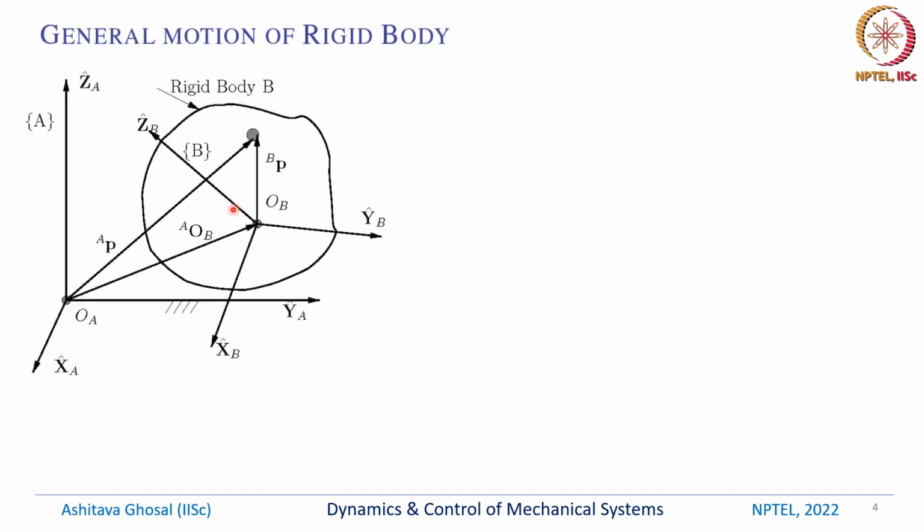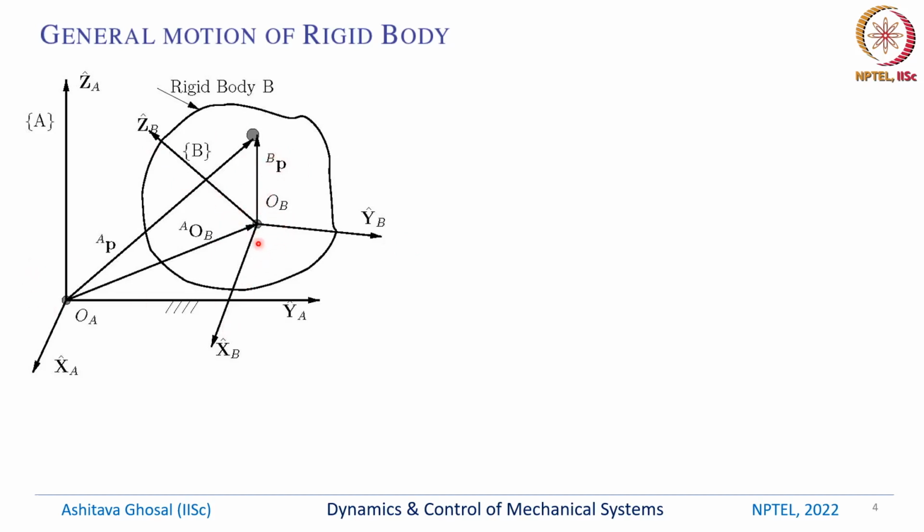So the figure shows a fixed or a reference coordinate system A with xa, ya, za and the origin OA, and we have a rigid body in which we have fixed another coordinate system given by xb, yb, zb and the origin OB. Any point on this rigid body can be located with reference to the xb, yb, zb coordinate system by this vector bp.